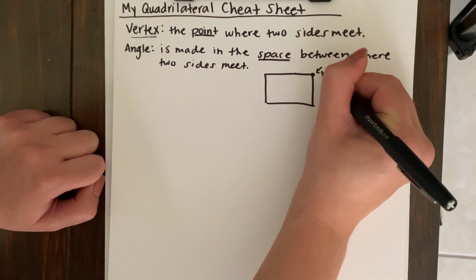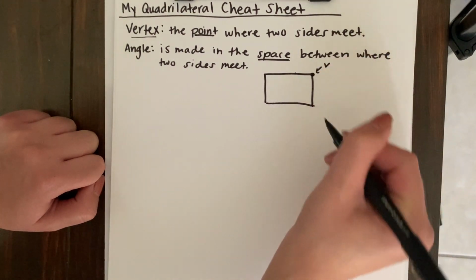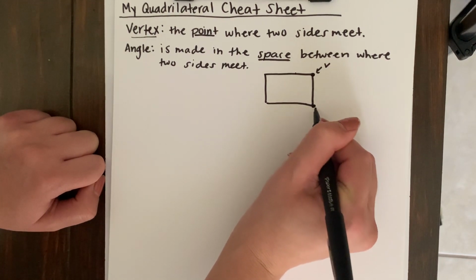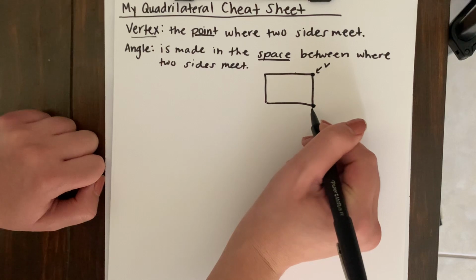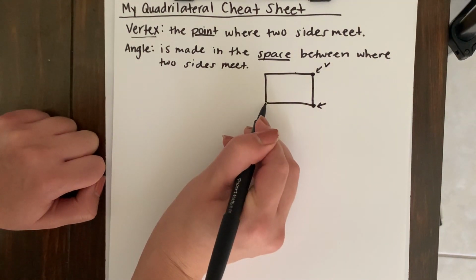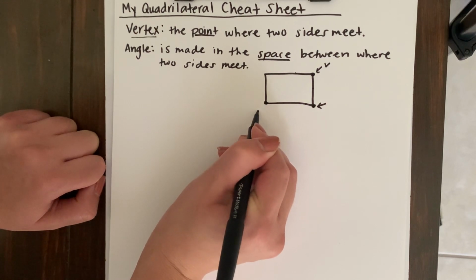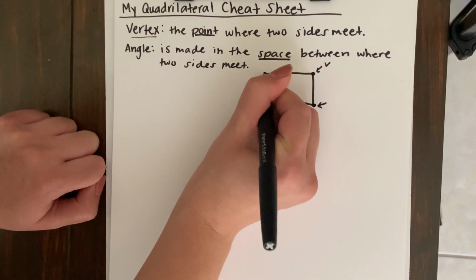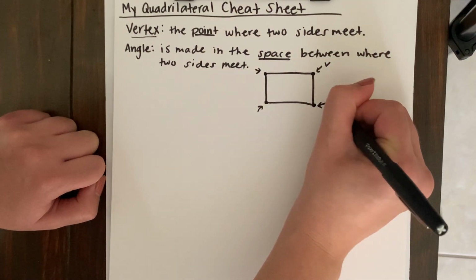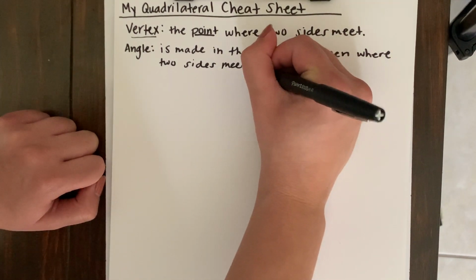So that is a vertex. I'll put a V for vertex. This side and this side meet right here. So this is like that point. I'm just kind of bolding them, making them a little bit darker. Here's a vertex right here. It's like the corners, the very, very tip point of a corner. Okay. These are all vertices.